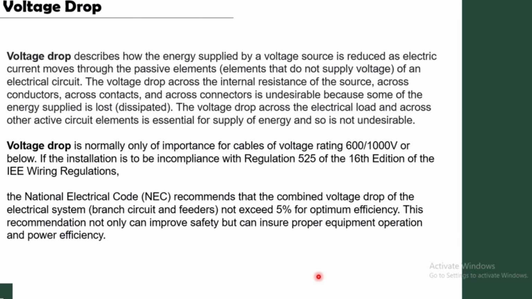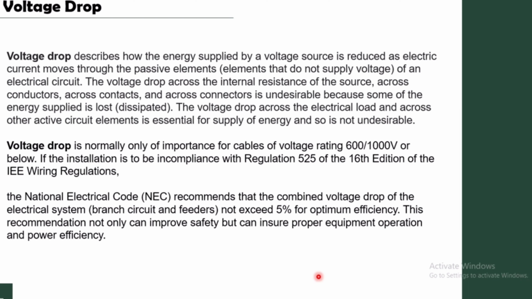Voltage drop is normally only of importance for cables of voltage rating 600 to 1000 volt or below, if the installation is in compliance with regulation 525 of the 6th edition of the IEE wiring regulation.